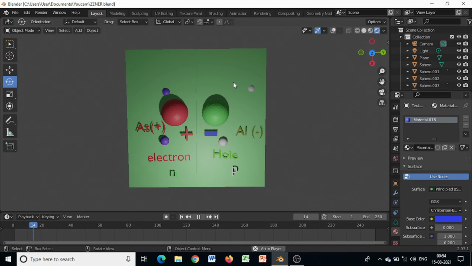This region is depleted of mobile charges because arsenic and aluminium are bound to silicon atoms, not shown in the figure, but they are bound with the silicon atoms with covalent bonds. So this region is called depletion region.